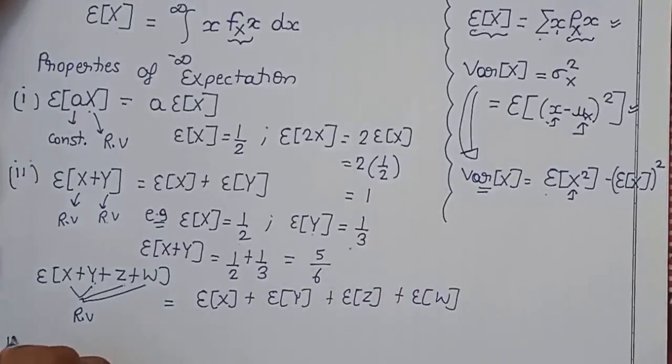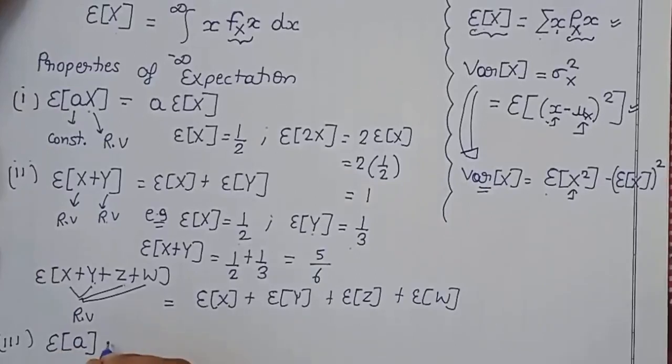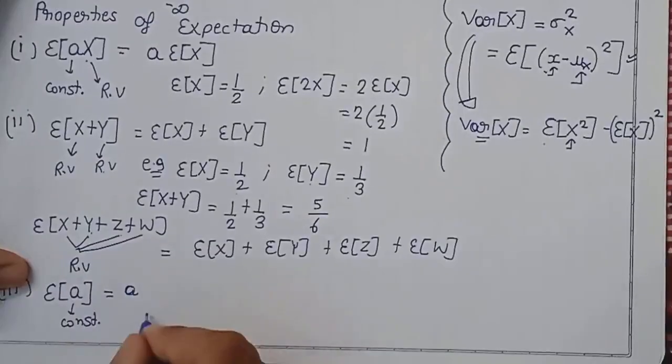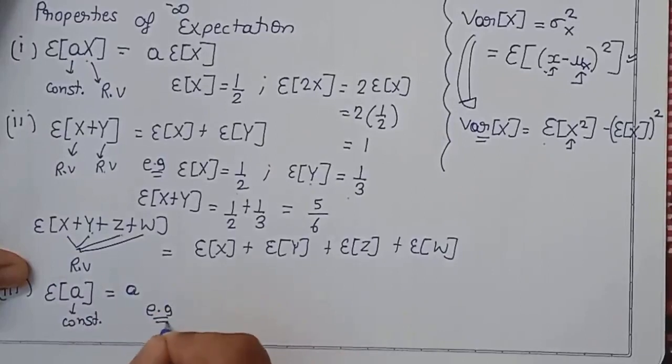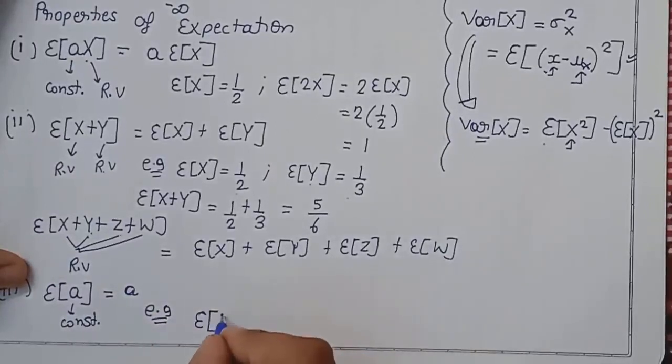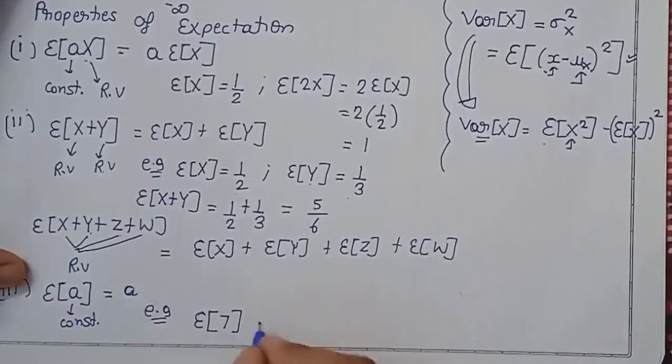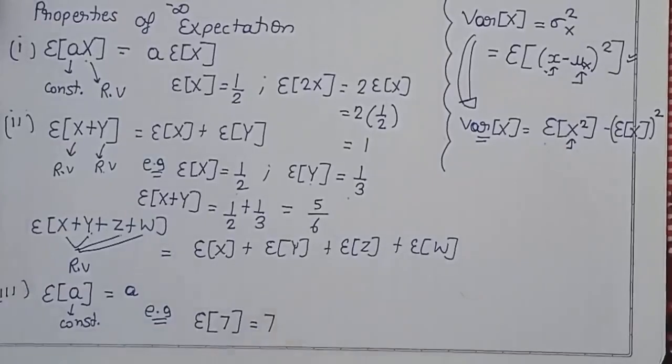Now the third property of the expectation operator is expectation of a constant is equal to the constant. So if I give you an example for this, if you find the expectation of any constant number, like if you find the expectation of 7, now we know that 7 is a constant, then using this property we can say that expectation of 7 will be equal to 7.